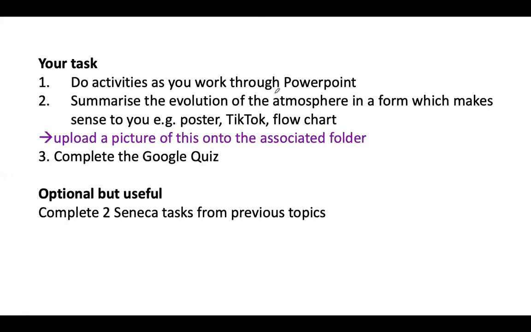So you might want to do a poster or a flowchart or a TikTok. And I'd like you to upload a picture of this, or if it's TikTok, the video, into the folder for the assignment. Please complete the Google quiz attached so I can mark and give you some feedback. I also think probably complete 2 Seneca tasks from previous topics to make sure that you are revising the old topics as you go along.